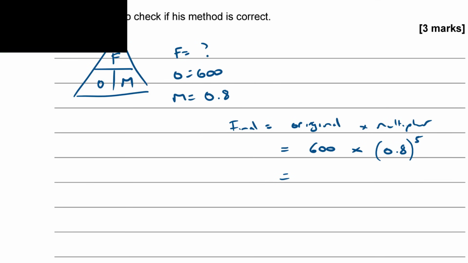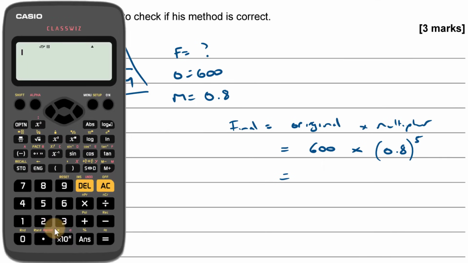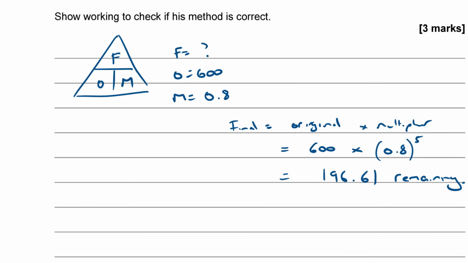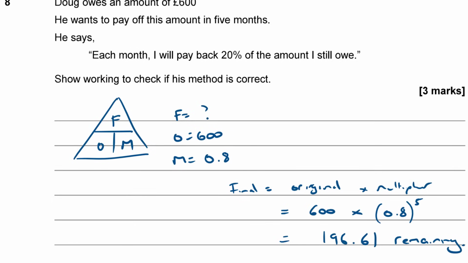So after 5 months, how much will be left? 600 times 0.8 to the power of 5. That gives me £196.61. That's remaining to be paid, isn't it? So he has not cleared the £600. Okay, I think I'm just going to sign off like that. So I've shown it, haven't I?